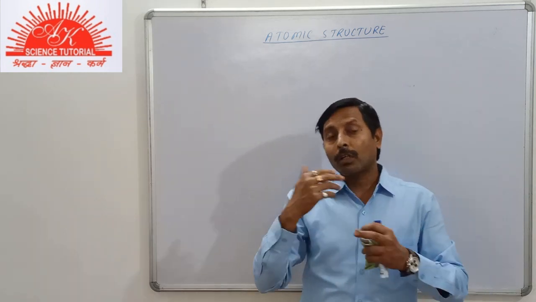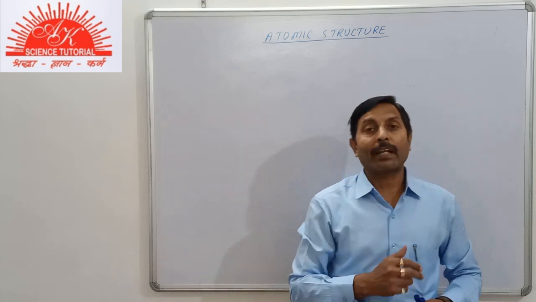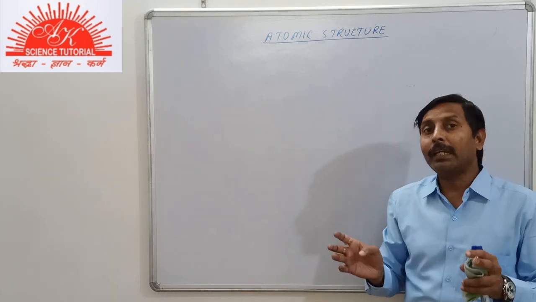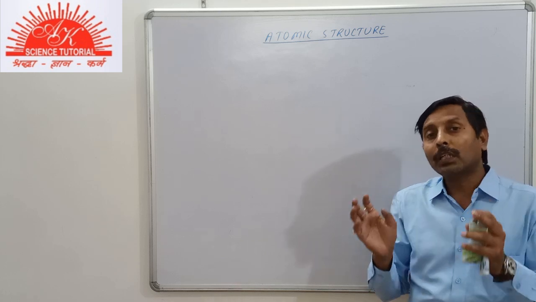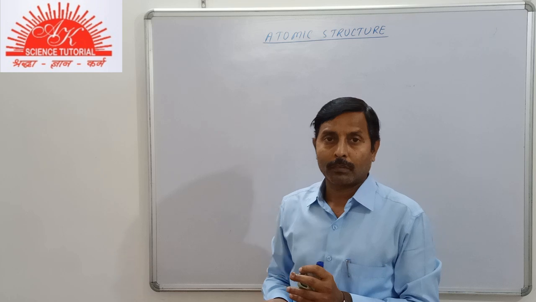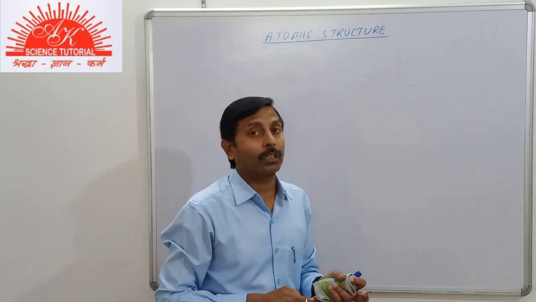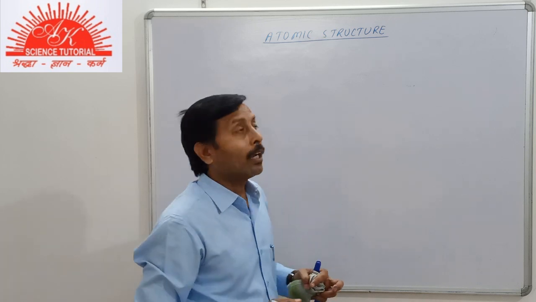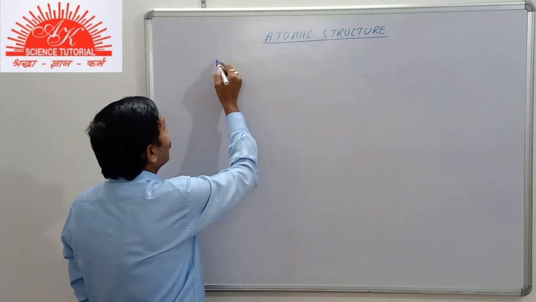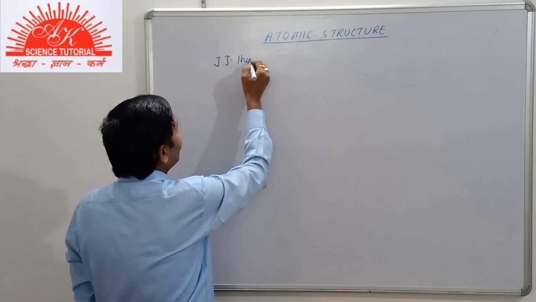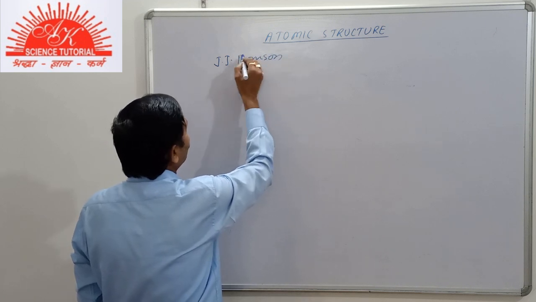Considering the discovery of the existence of these two types of particles, scientists tried to explain the composition of an atom, the arrangement of these particles in atom, showing the atomic structure. And the first arrangement was given by J.J. Thomson.